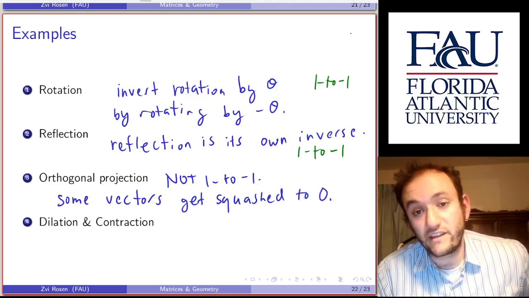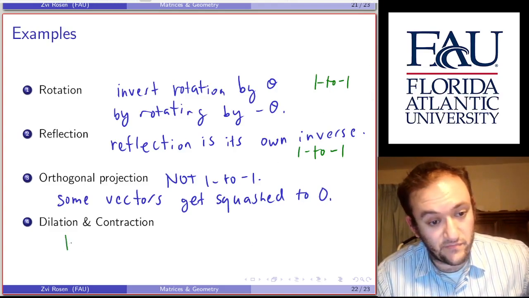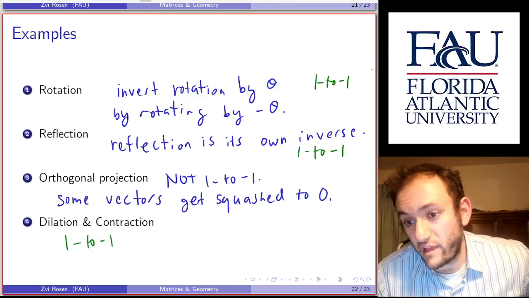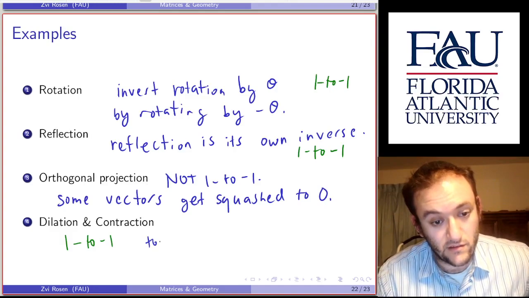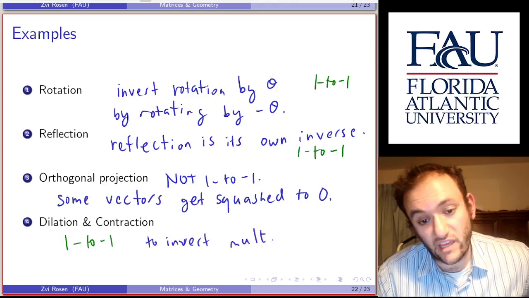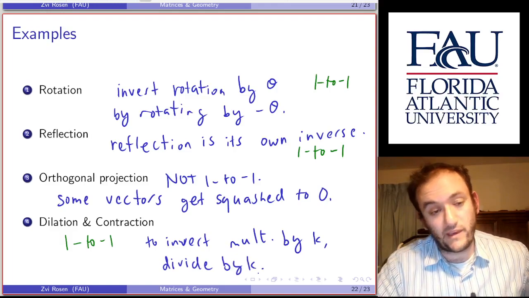On the other hand, dilation and contraction is certainly 1-to-1 because the inverse is just multiplying by 1/k. To invert multiplication by k, you just have to divide by k.